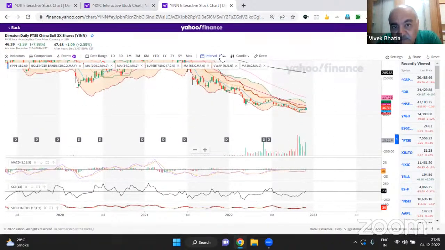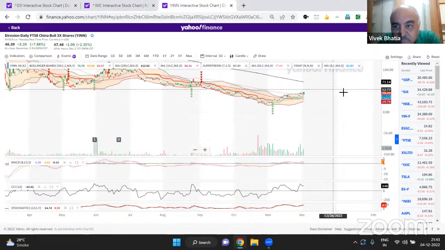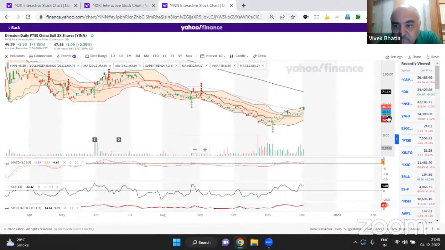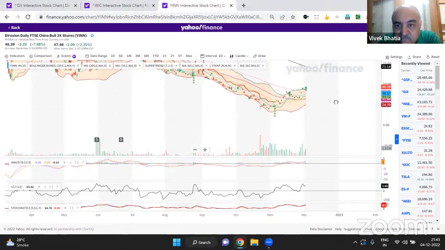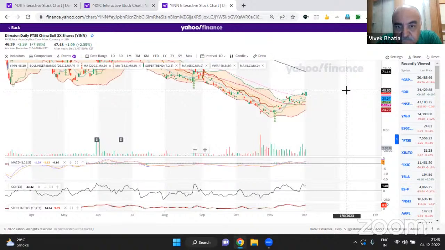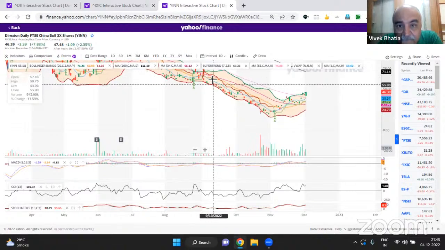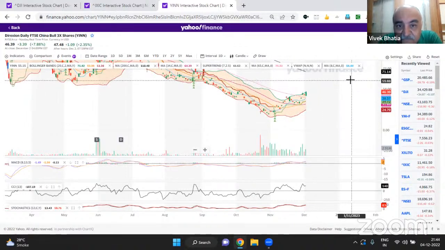But this is the weekly chart. Possibly this gap down is going to get attacked. 63 and 55. 62 and 57 will get attacked.